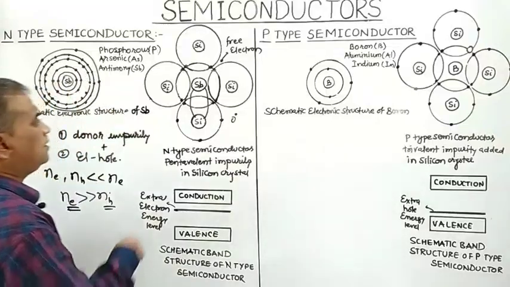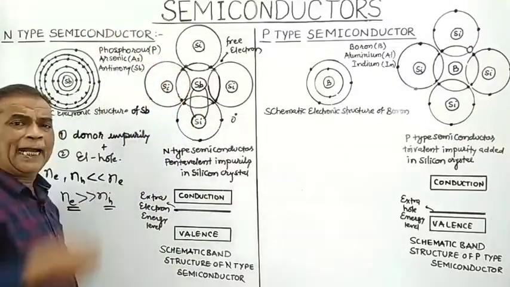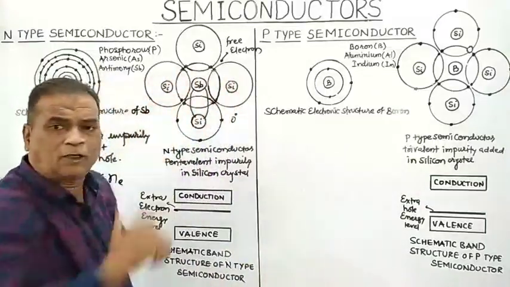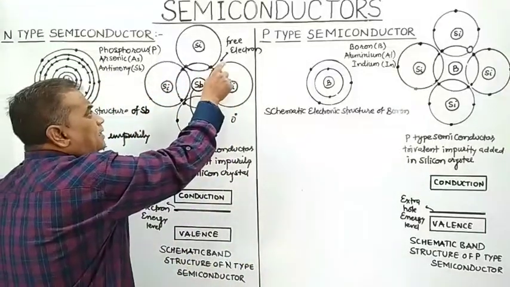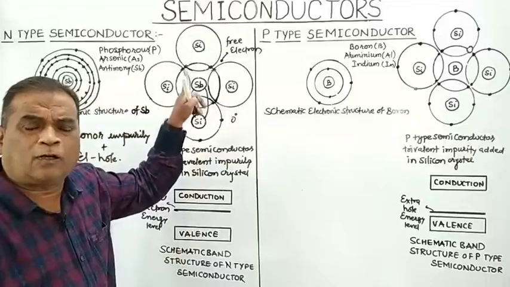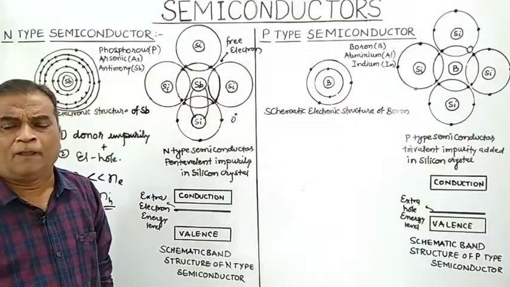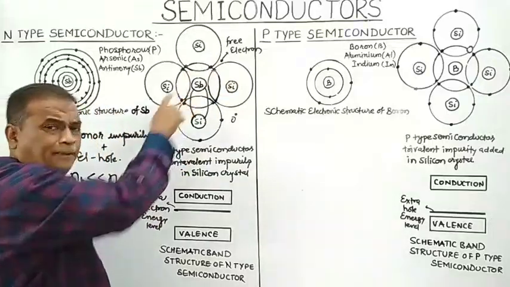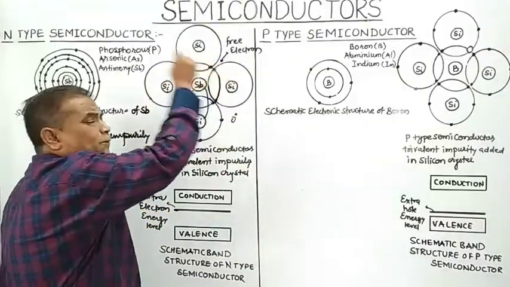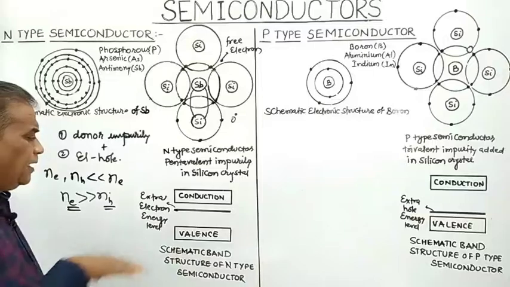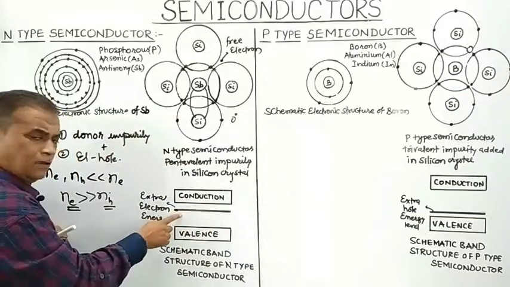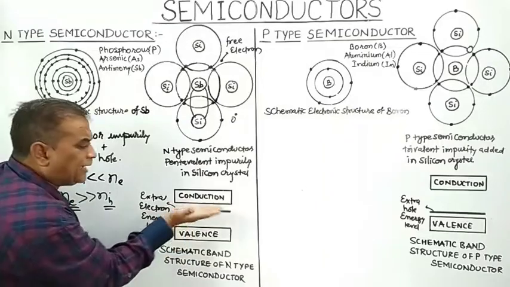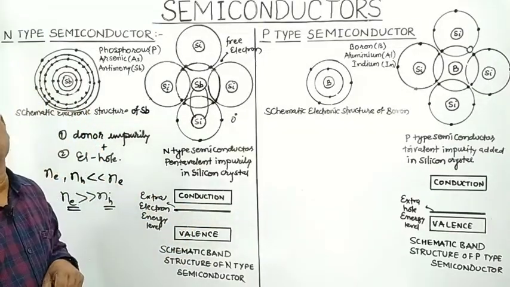Now look at this. When an antimony atom is added as an impurity to a pure silicon crystal, what is the energy level of the fifth valence electron of antimony? That fifth valence electron has an energy level lying in the band gap, near the conduction band.